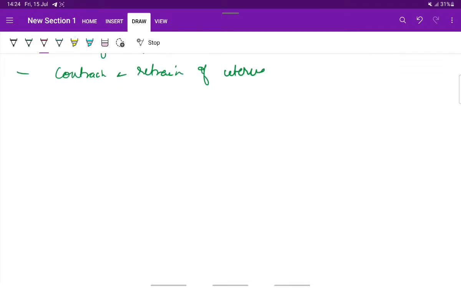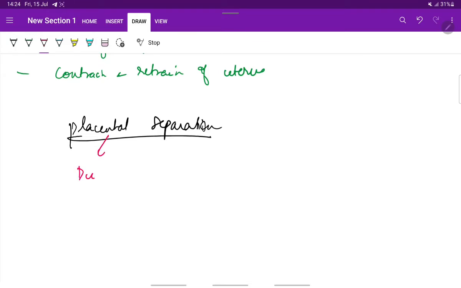Coming to the placental detachment, the placental separation can occur by two methods, which are Duncan's method and the Schultz method.